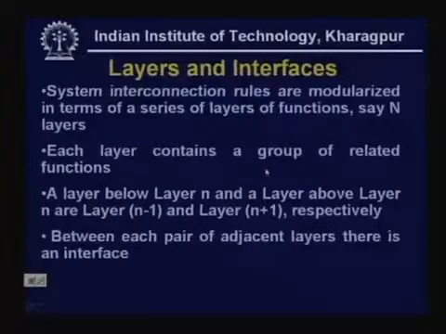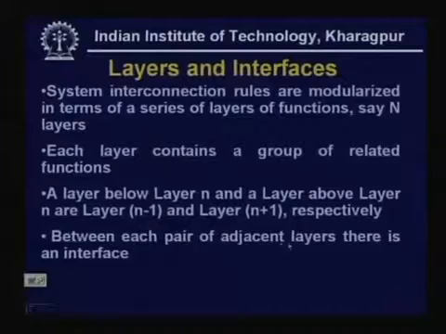That means we shall divide the task into a number of n layers, and each layer will contain a group of related functions, and a layer below layer n and a layer above layer n are layer n minus 1 and layer n plus 1 respectively. So, we have to give names to the layers, so that the topmost layer will have the higher number, and the lowermost layer will have the number 1.